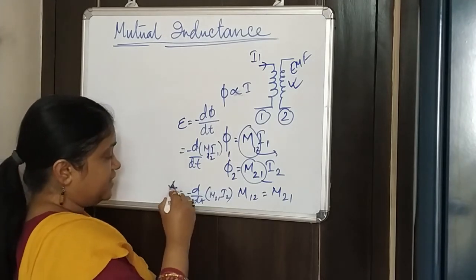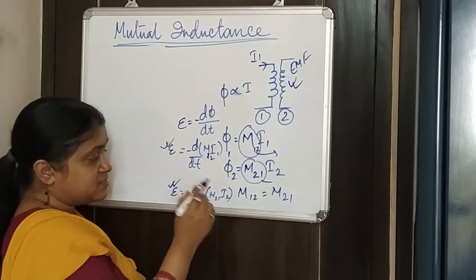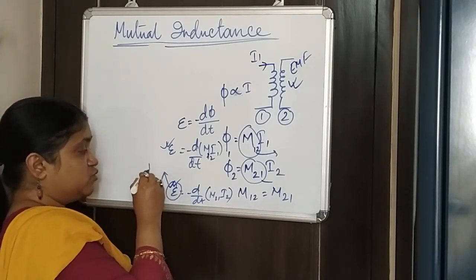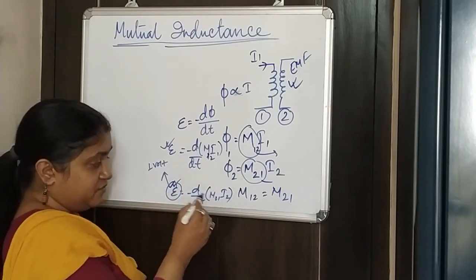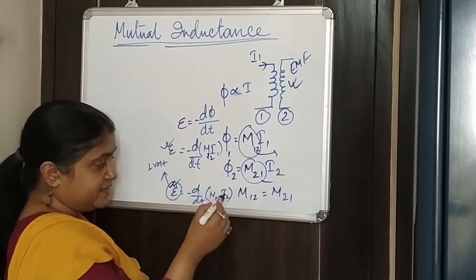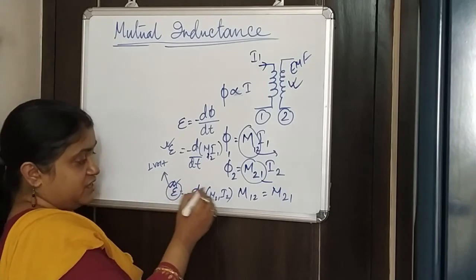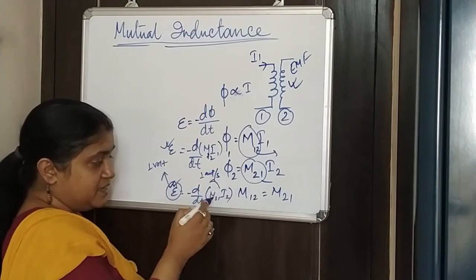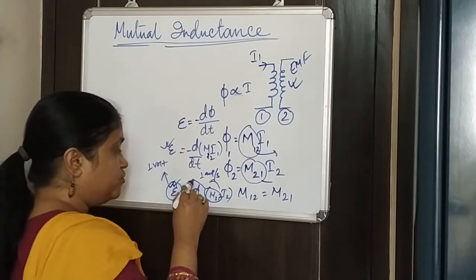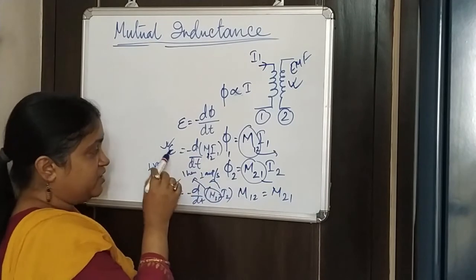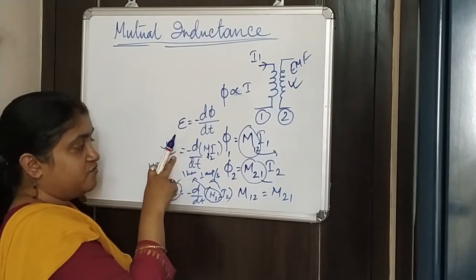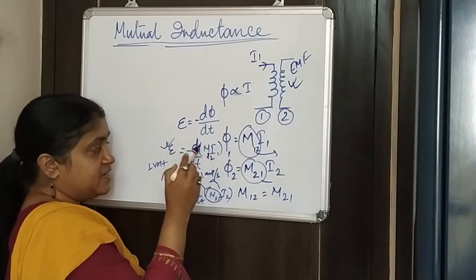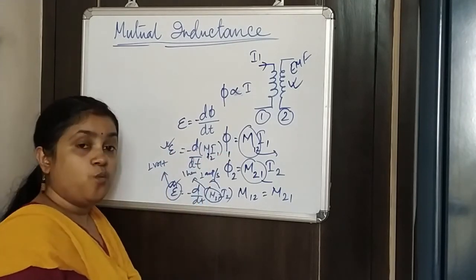From here we can define that if this EMF is 1 volt and di2 by dt, the rate of change of current, is 1 ampere per second, then the mutual inductance would be 1 Henry. In the same way, for 1 volt of EMF and di1 by dt of 1 ampere per second, the mutual inductance will be 1 Henry.